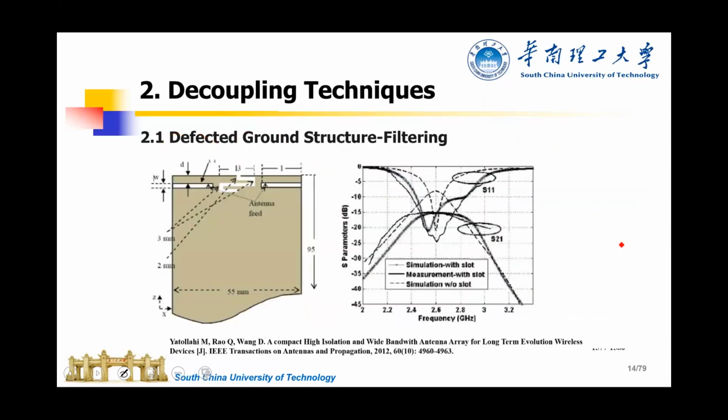Also, this cuts slots in the DGS, but this slot is shaped like this. First, this can improve the isolation. Also, the DGS is part of the antenna, so it can also improve the radiation of the antenna.